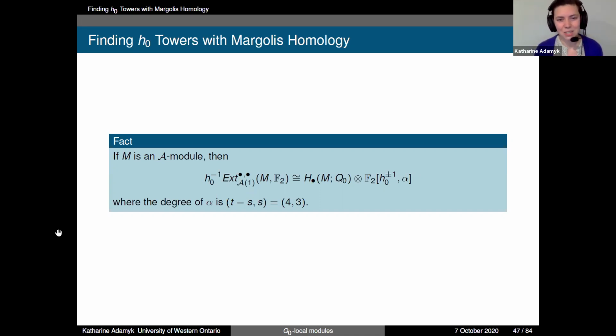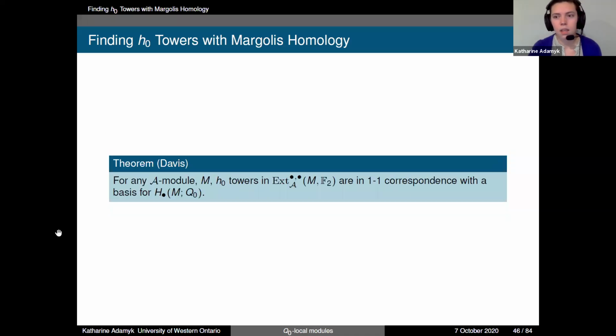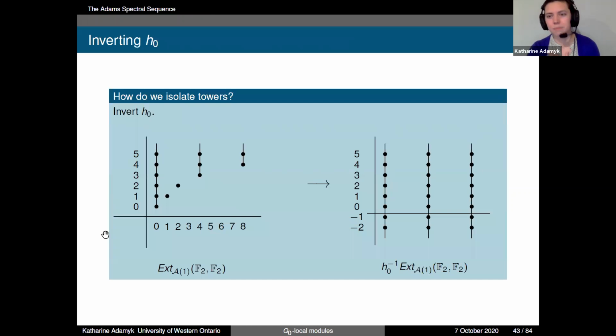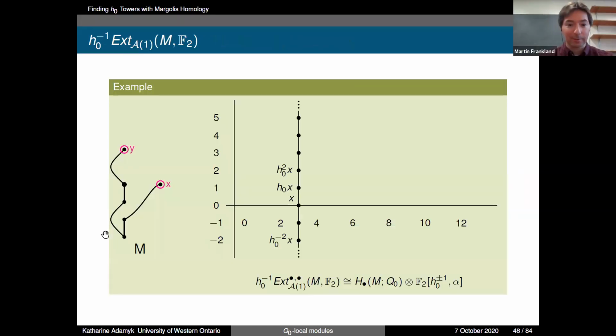So now I'm looking at Ext over the whole Steenrod algebra of A mod A1 tensor with M. So this class alpha is coming from the Q-naught Margolis homology of A mod A1. But alpha is also this class that I should have made a bigger deal about in Ext over A1 of F2, F2. So if I have Ext over A1 of M, F2, then that's a module over this term. And so we get multiplication by this class alpha. Thank you.